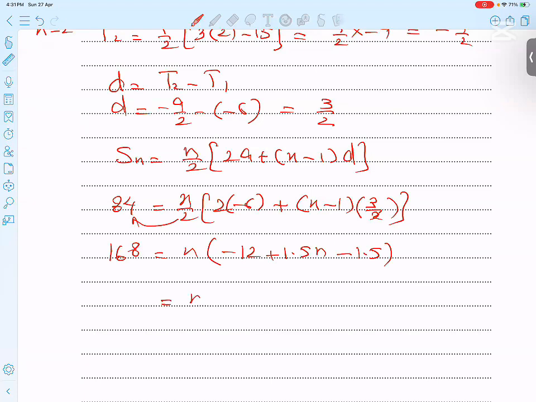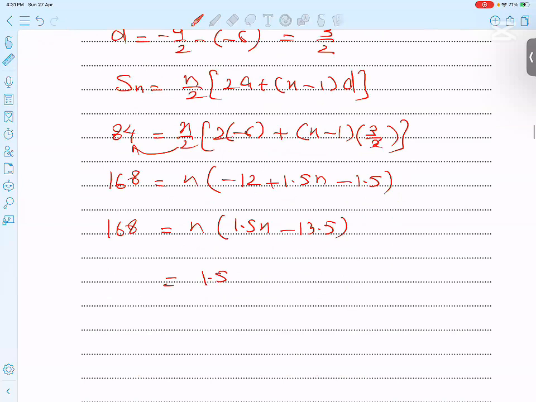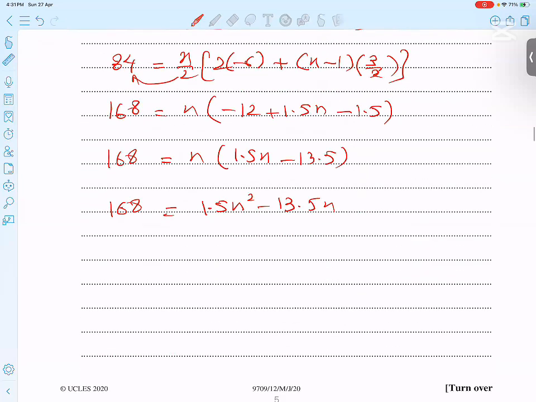Now multiply inside. But before, I write 1.5 n, and this is -13.5. So multiply inside and 1.5 n to power 2, -13.5 times 2n, 168. Reshuffle. And yeah, so I got 1.5 n to power 2 positive, and 13.5 negative, and -168. Actually, I brought it here.